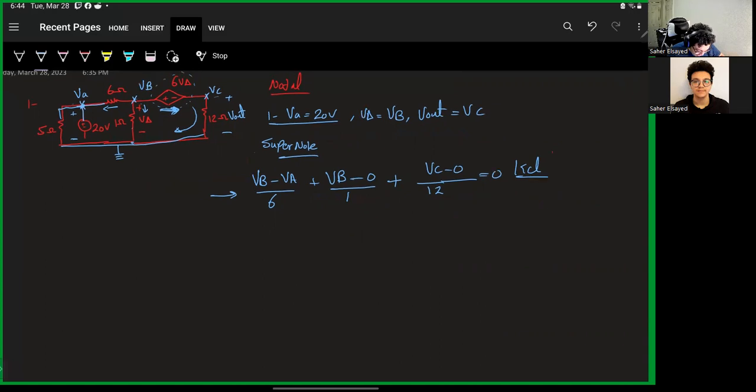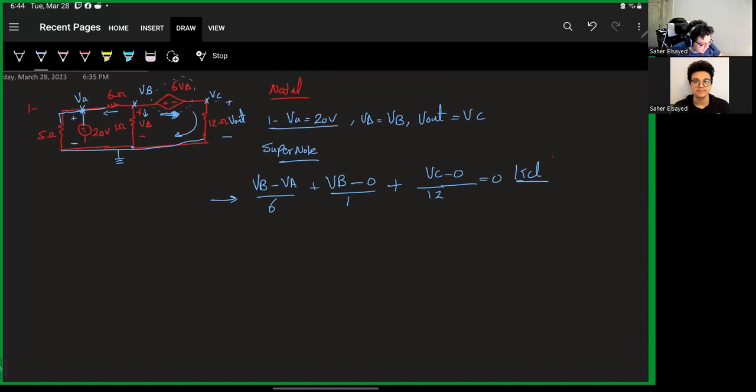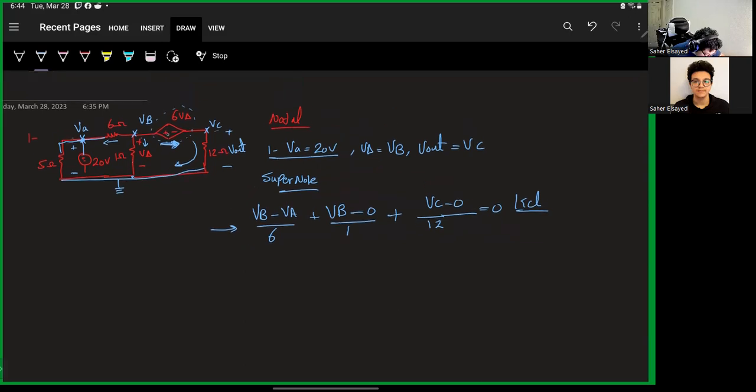From here we have VB, VB, VA. We know VA. We don't know the other stuff. So what can we do from here? What can we say about VC? Well, not directly about VC, but you can see this one here. 6 delta is the difference of voltage between VB and VC.